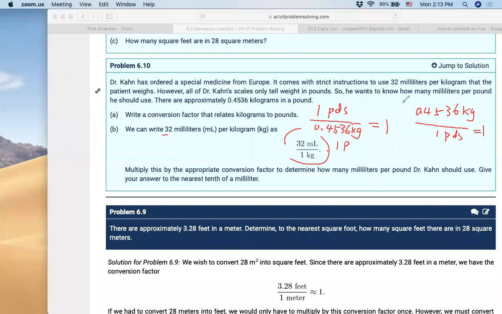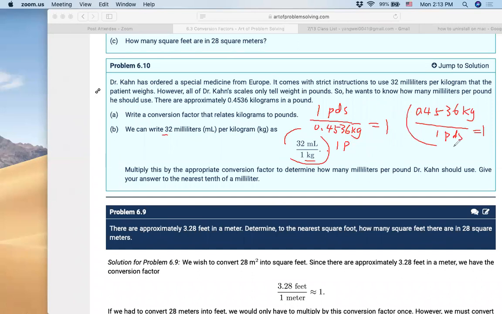Which one goes on the top and which one on the bottom depends on what you want to convert. Because if you write 32 milliliters per kilogram, the kilogram is in the denominator position. So if we want to convert to pounds, you need to put the kilogram in the numerator and the pounds in the denominator.